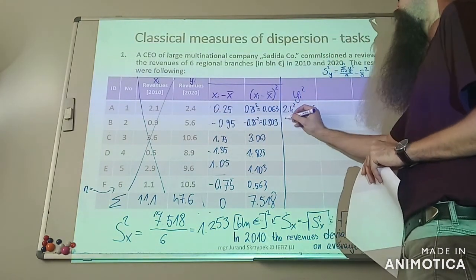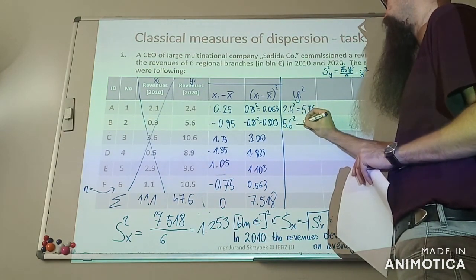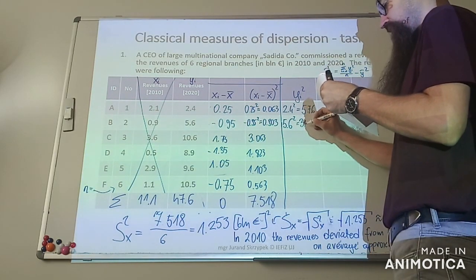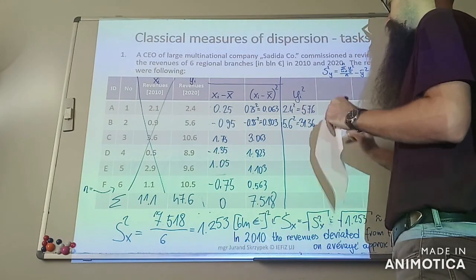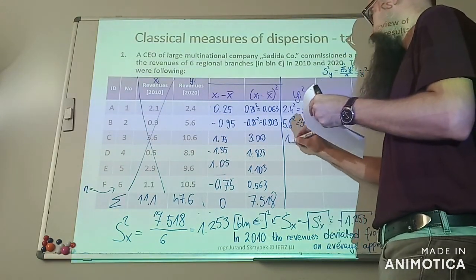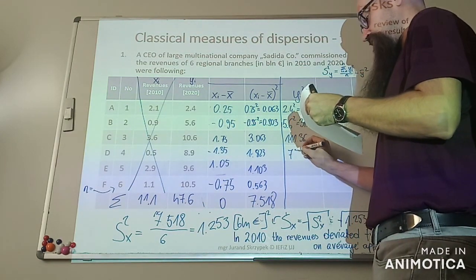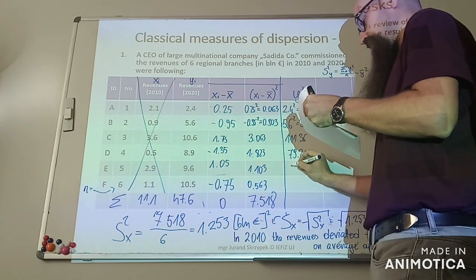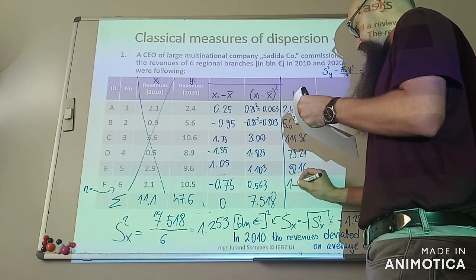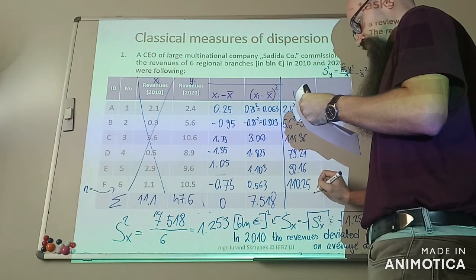In the second row I raise 5.6 to the power of 2, and I have here 31.36, and the next values are following: 112.36, 79.21, 92.16, 110.25.